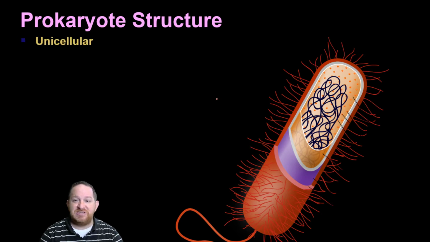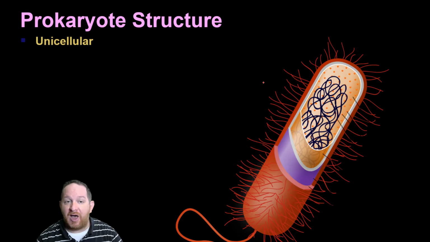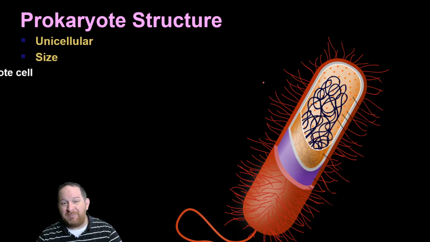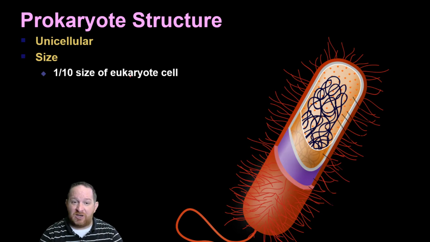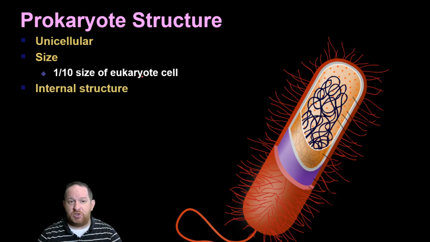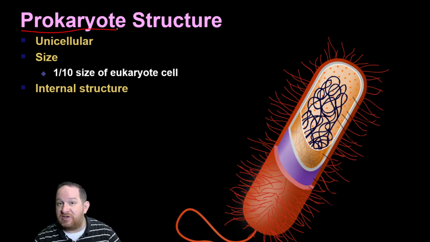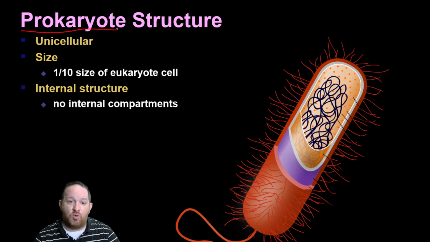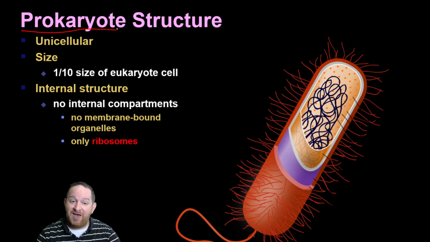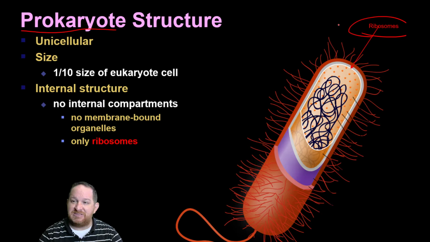First of all, you'll notice it's unicellular. Their entire life is one cell. Their size, they're quite a bit smaller than our cells, than eukaryotic cells. At least 1/10 of the size, maybe smaller. And their internal structure, if you remember, prokaryotic cells do not have a nucleus or any membrane-bound organelles. They do have ribosomes, which you remember are for protein synthesis.